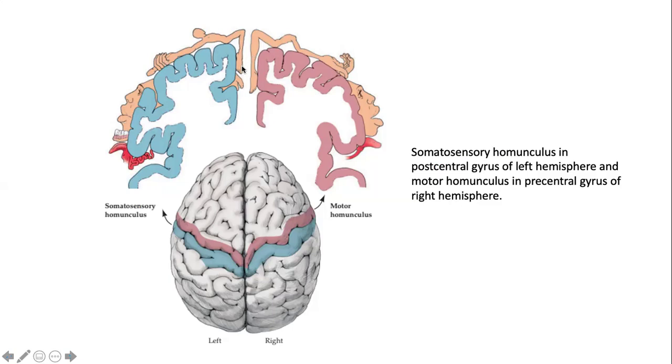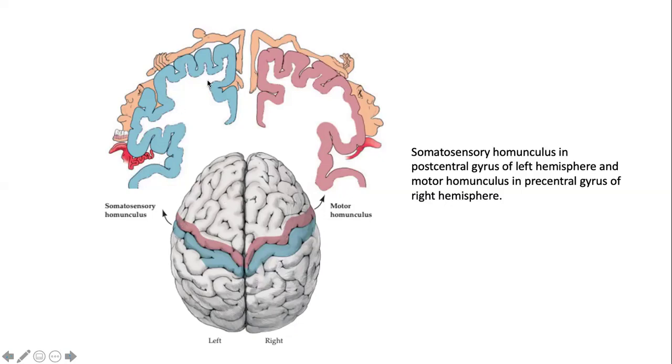So this is just the topographical distribution of our body parts. You can see that we have the legs here in the medial part, or we call it the parasagittal area. So inside here, the sagittal area, we have the representation of the leg. The hand and the face take a larger part of the lateral surface, or the outer surface, of the brain.